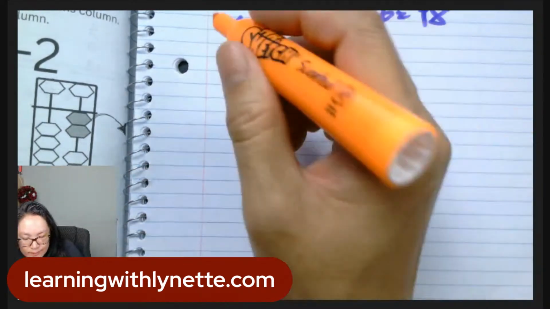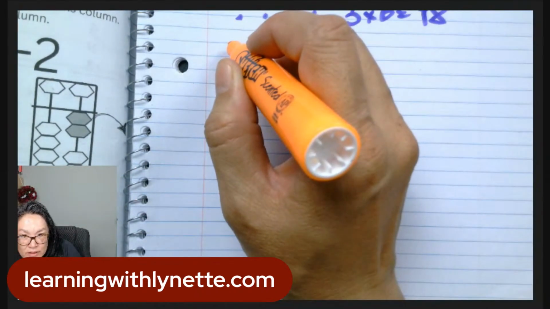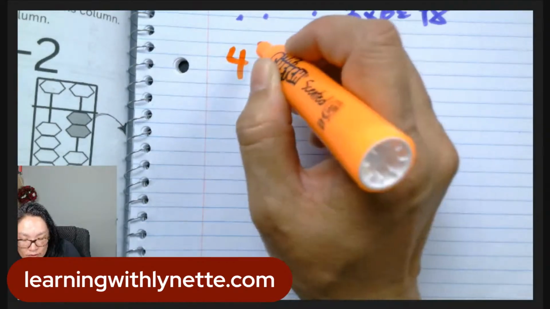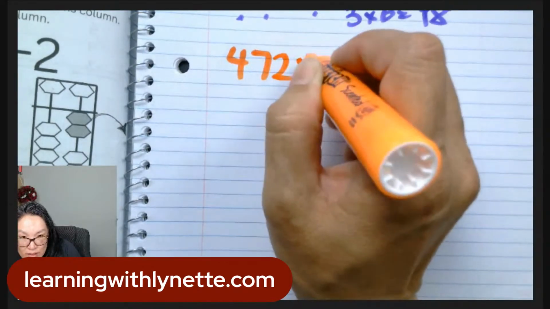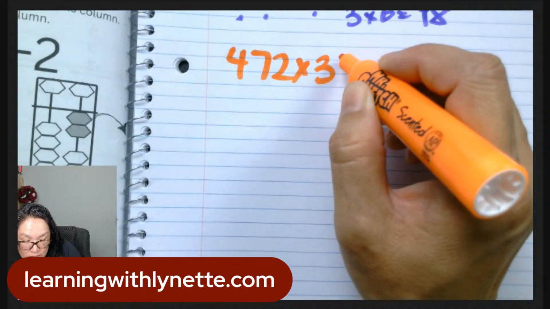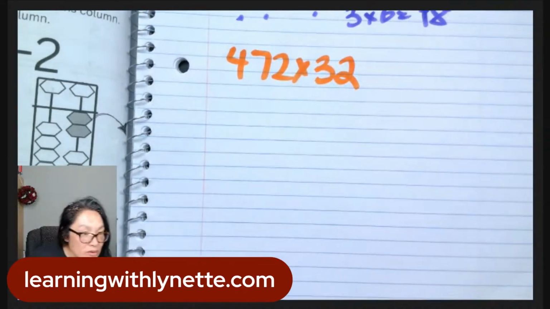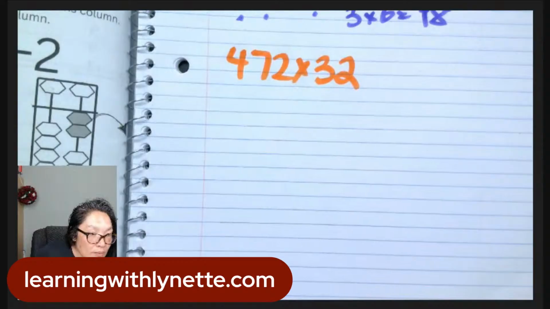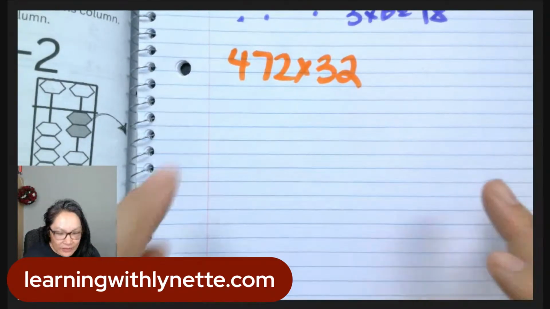Okay, so let's do one more thing. 3 digits. You said you wanted 3 digits. Can we do this one? 472 times 320. Is that what you want to do? This is 5 digits.